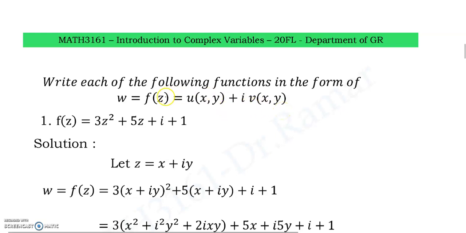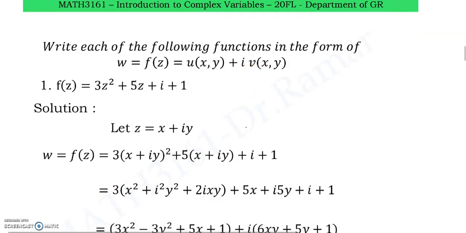Here the real part of the function is u, the imaginary part of the function is v. Now you see here the Cartesian form of z is nothing but x plus iy. Here the real part is x, the imaginary part is y in the complex number. Similarly, in this complex function the real part is u, the imaginary part is v.